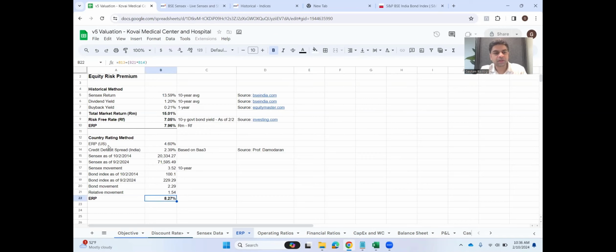All right, so let's add the sources. The source for the Sensex was BSE India again, and the bond movement again is for the last 10 years. The source for the bond index was spglobal.com.